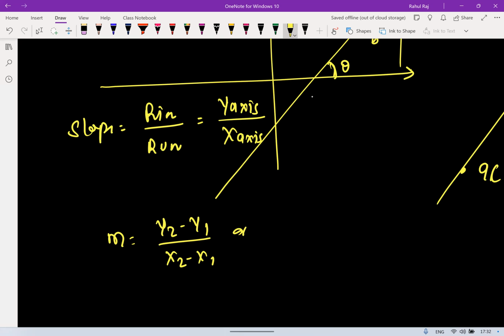Or you can write y1 minus y2 by x1 minus x2. If you're writing y2 minus y1 in the numerator, down it should be x2 minus x1. If you're writing y1 minus y2 in the numerator, down should be x1 minus x2.